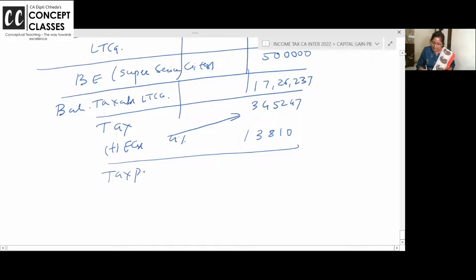So what is your tax payable coming to? 345,247 plus cess, 359,057. Rounded off to 359,060. Anyone having any doubt in the tax calculation? जल्दी से पूछो.